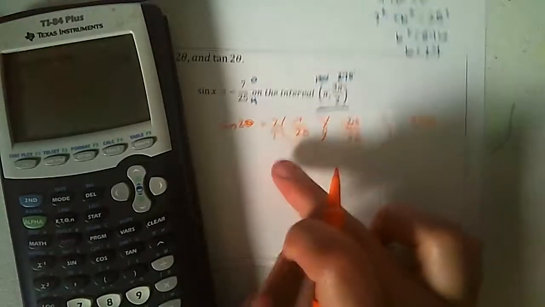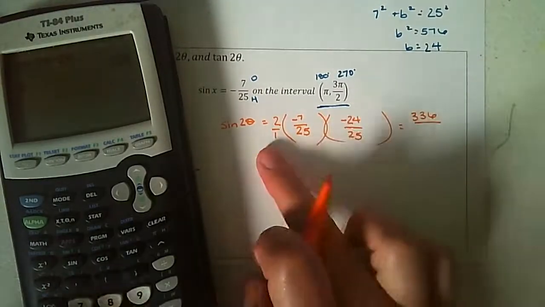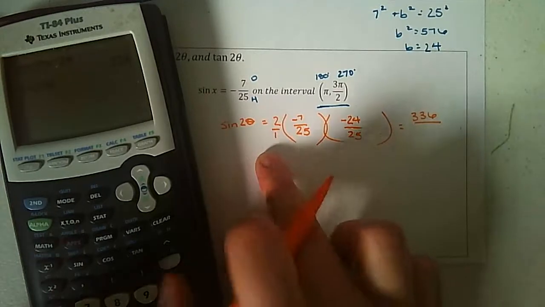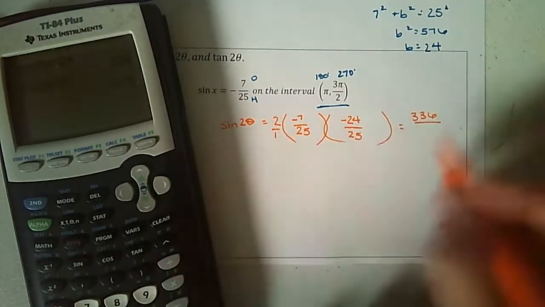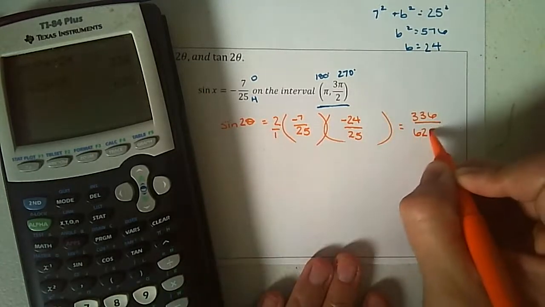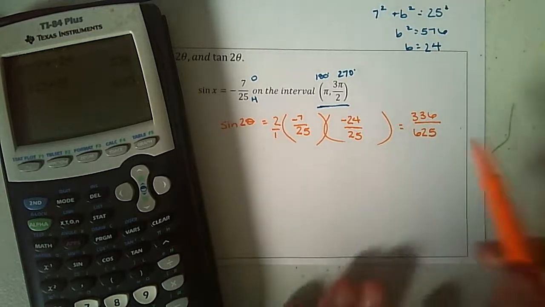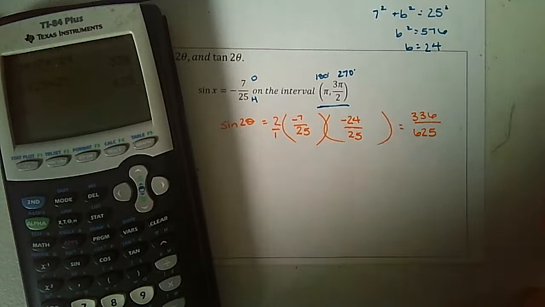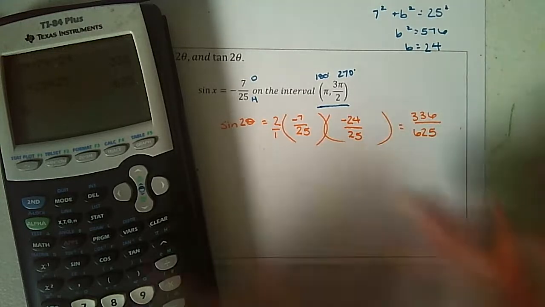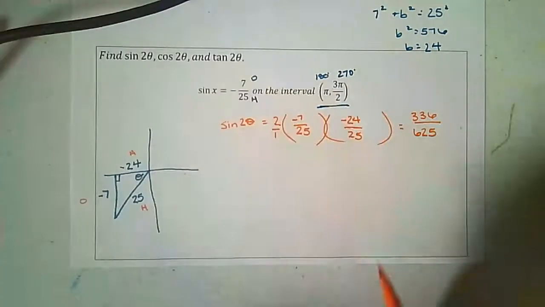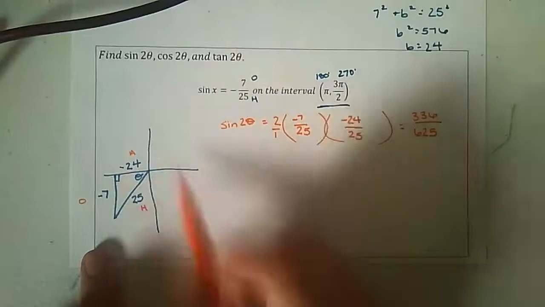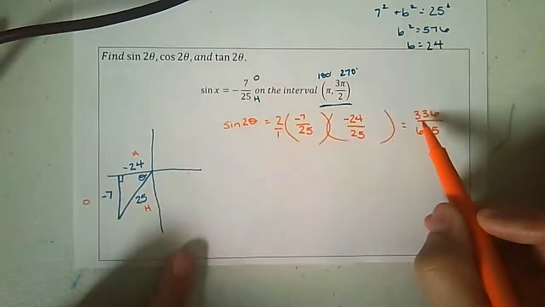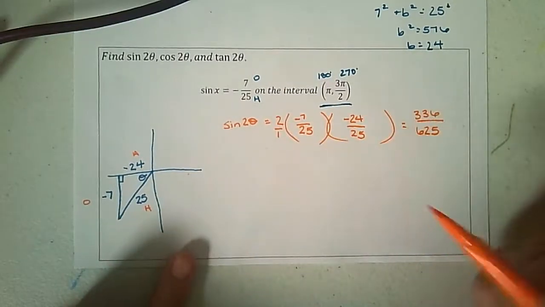Then do the same thing, multiply across the bottom: 1 times 25 times 25, we get 625. I'm okay if you don't reduce them. Just leave them like that. That's fine. Nine times out of 10 you can anyways. So again, if we were to double this angle, the new sine would be 336 over 625.